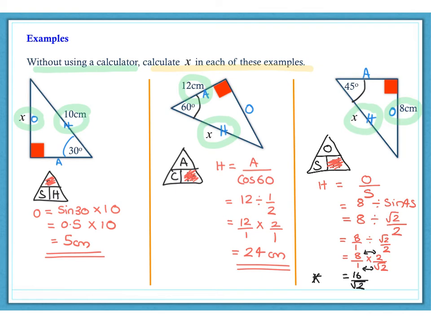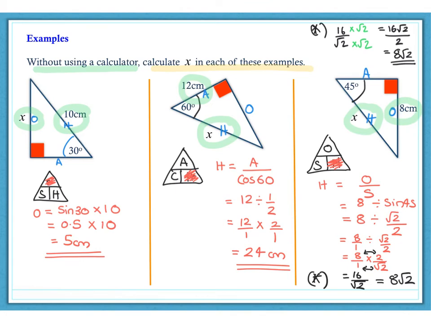I've run out of space, so I'm going to do the calculation up here. 16 over root 2, we need to multiply the numerator by root 2 and the denominator by root 2, which gives us 16 root 2 over 2, which simplifies down to a final answer of 8 root 2. So the final answer to this question is that x is equal to 8 root 2 centimetres in surd form.